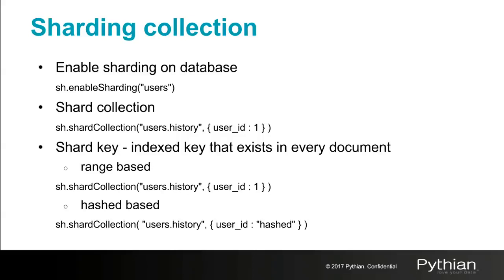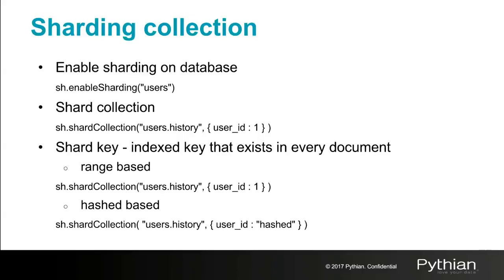So we have our sharded cluster deployed and ready, and we have our database and our collections. Now the next step is to actually shard our collection and shard our data. First for sharding a collection is enabling sharding on a database level, and we do that by just running the command sh.enableSharding, and we specify the database name.